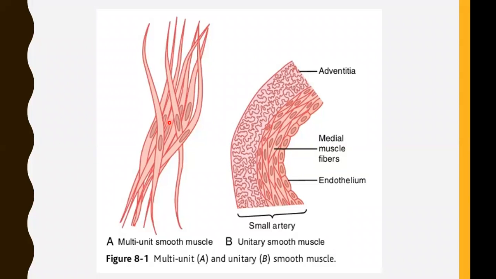These are discrete, separate muscle fibers, connected at different spots, and each muscle fiber is supplied by a nerve fiber. This is the case for multi-unit smooth muscle fibers.